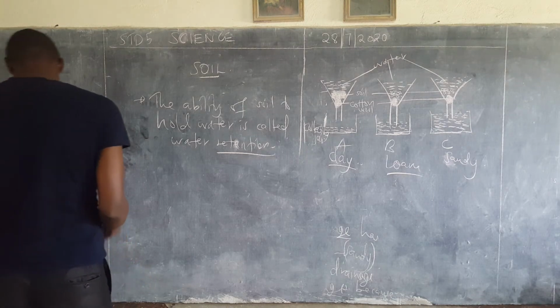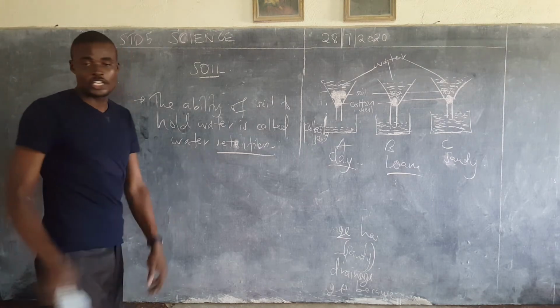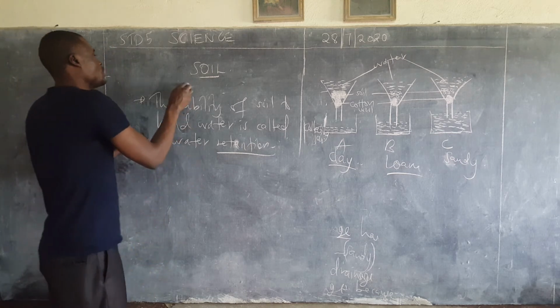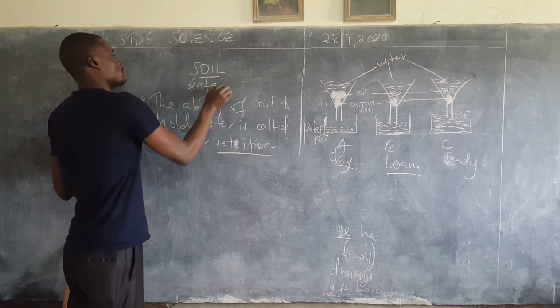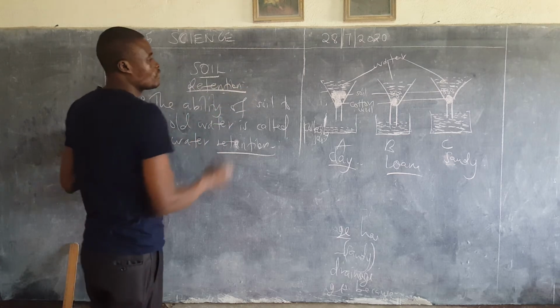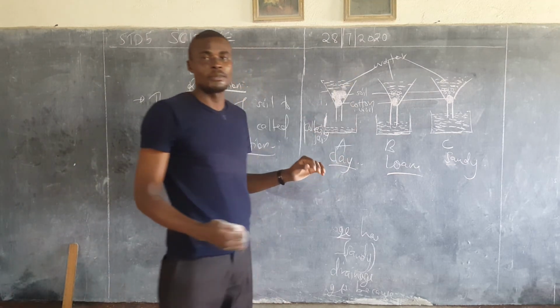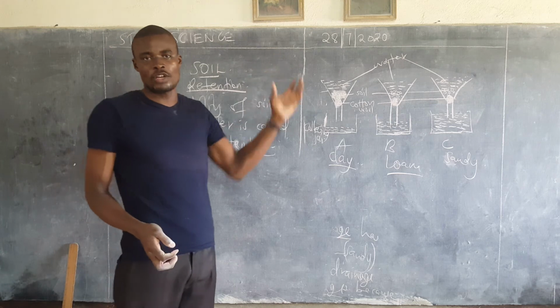And again, clay soil has the highest water retention. Now we just mentioned that this is under retention. As we said here, it holds water, it retains water for a long time.